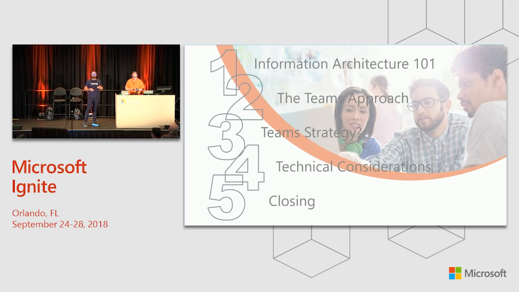So what does it mean when you're working inside of Teams when it comes to information architecture, because it's sort of sparse. Looking at a team strategy, so now that we know what you can and cannot do inside of Teams, how do we manage that from an information architecture perspective? Some technical considerations, and we'll jump into a demo, and then some closing slides.